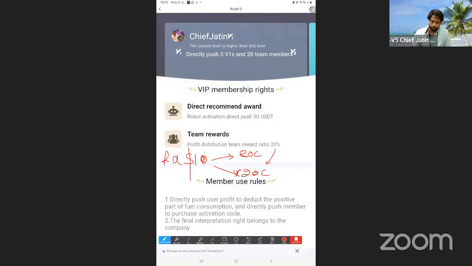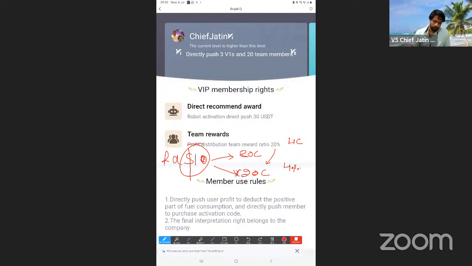That means 4 cents, that means 4% of this $1 profit. So for the whole year, whatever profit Royal Q generates on leader Doris's Binance account, it will be giving me 4%. Maybe leader Doris earns $1, $10, $100, $1,000 on one trade. I will be getting 4% every time.